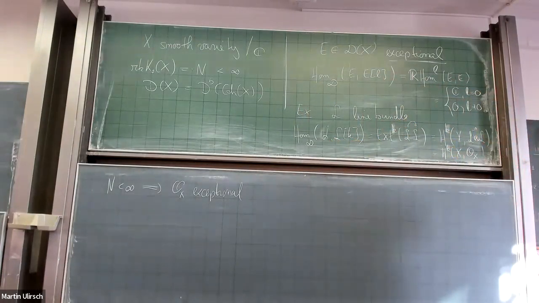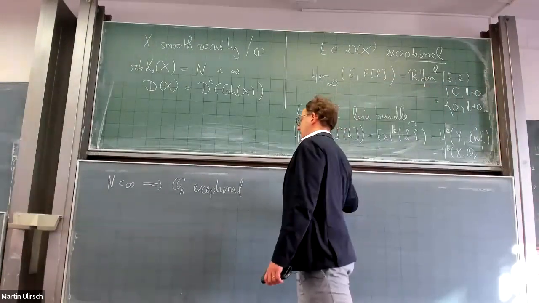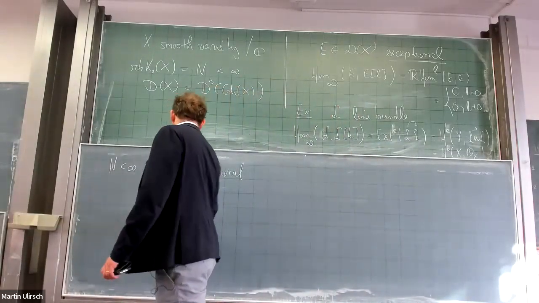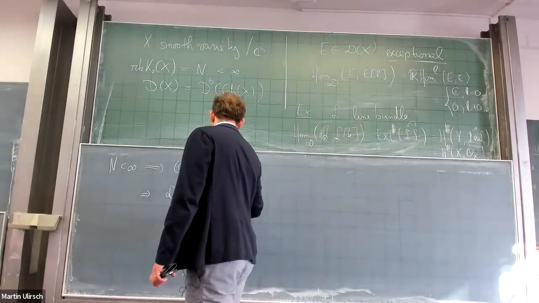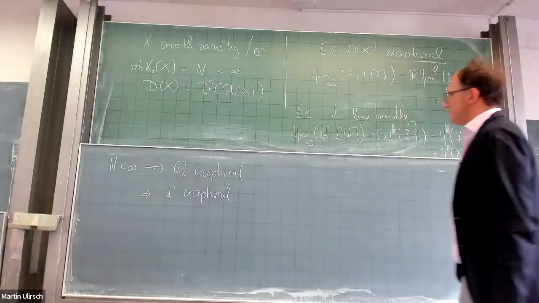Right. So O_X is exceptional, and therefore any line bundle is exceptional. That provides us with a huge supply of exceptional objects.